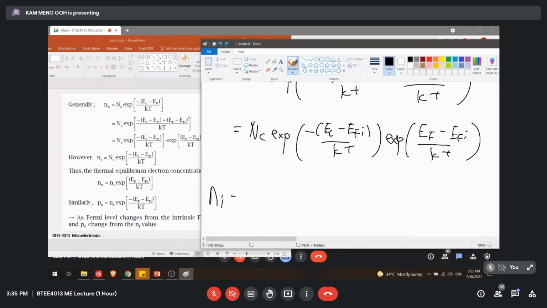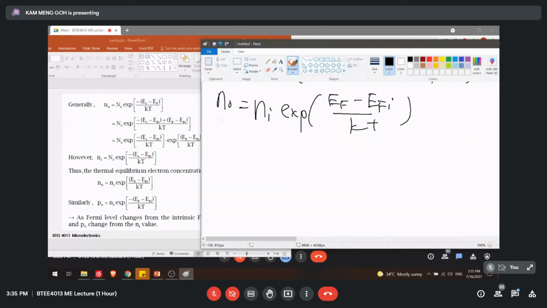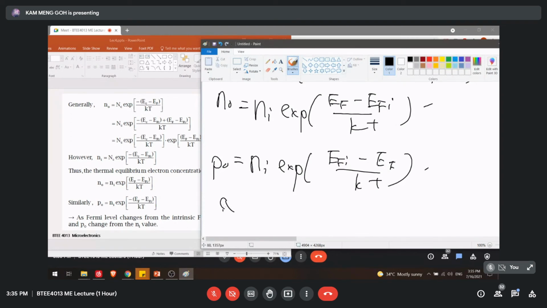And we can further simplify the formula: NO will be equal to Ni exponential EF minus EFI over KT. Then PO will be equal to Ni exponential EFI minus EF over KT. So these are the two formulas for the extrinsic semiconductor.